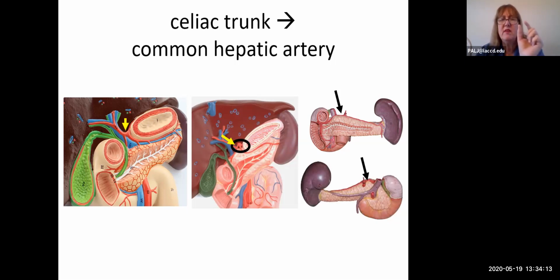And remember that the common hepatic artery is quite short. If we look at this far left picture, you can see all 3 branches. The arrow is pointing to the very short common hepatic artery. We have here below the stomach, this is the splenic artery going over to the spleen right here.